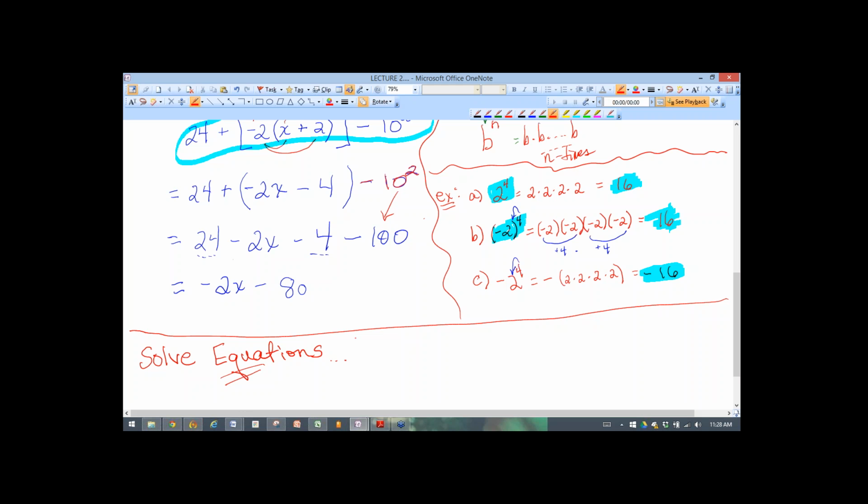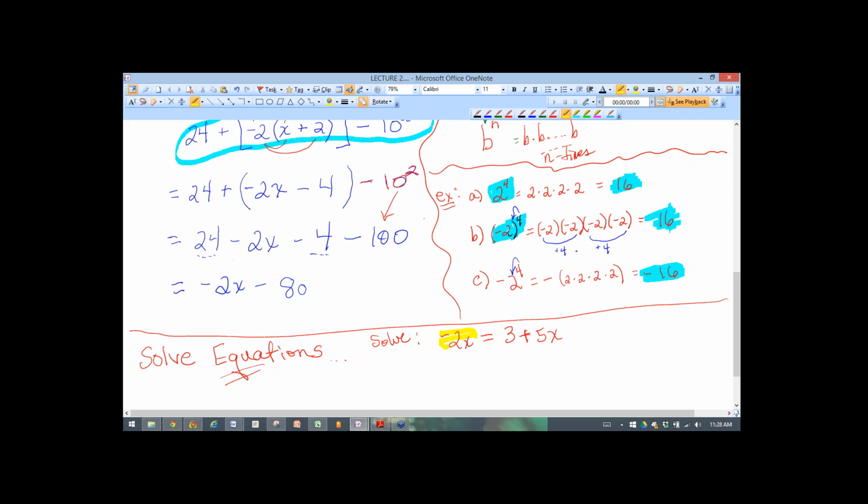For example, we could be asked to solve this problem: negative 2x equal to 3 minus 5x. Actually, let's just make it positive: 3 plus 5x.